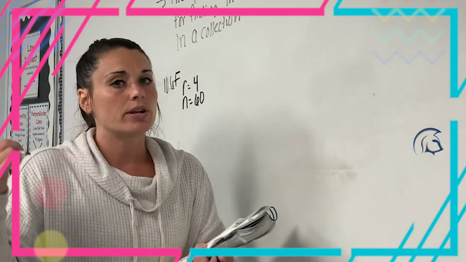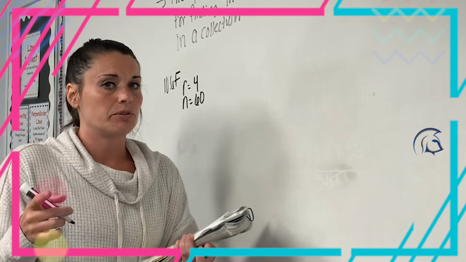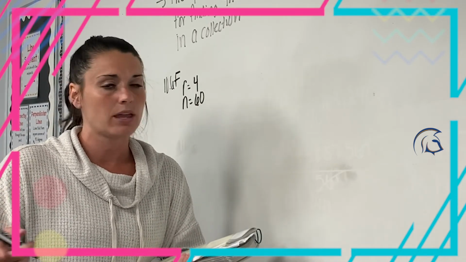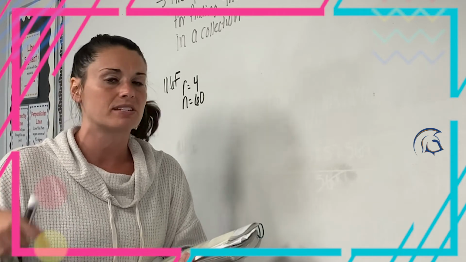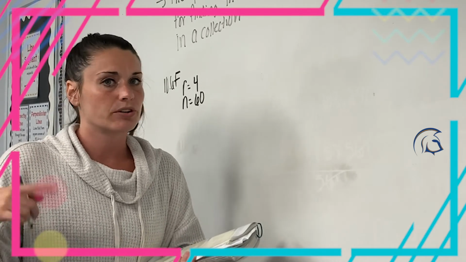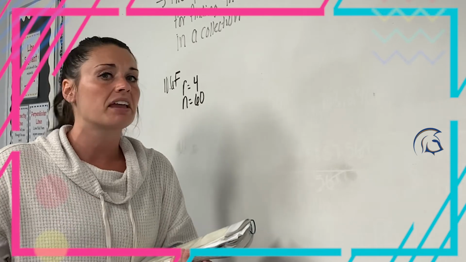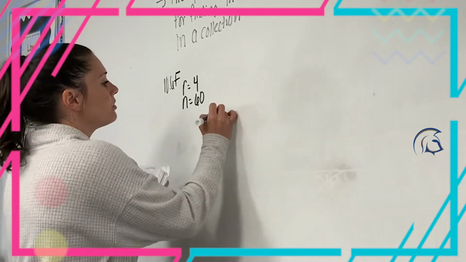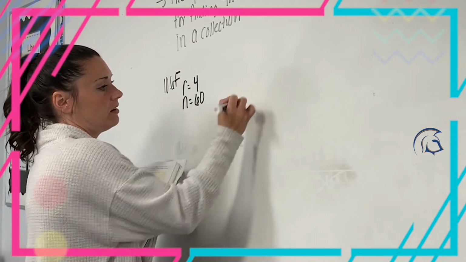Now, notice that it is a similar question as in your previous example, but it is not asking for a rank or an order. It's not asking for president, vice president, treasurer, anything like that. It's just saying how many ways could he select 4 out of 60. That's when you know you use combination, okay?